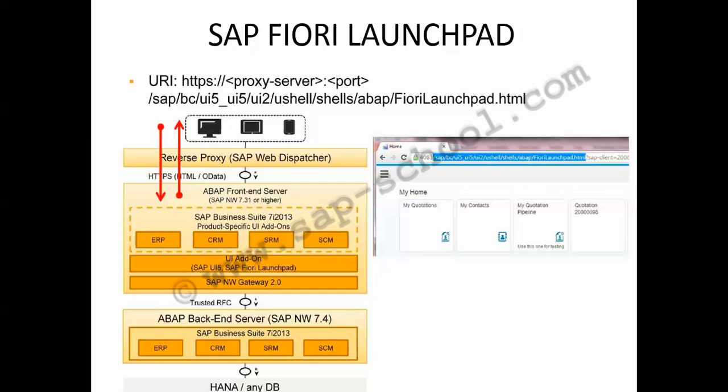After that we have the ABAP front end server, in which we have the SAP business suite like ERP, CRM, SRM, SCM. All my business suite products will lie in my front end server. Then we have the UI add-ons and the SAP NetWeaver Gateway.